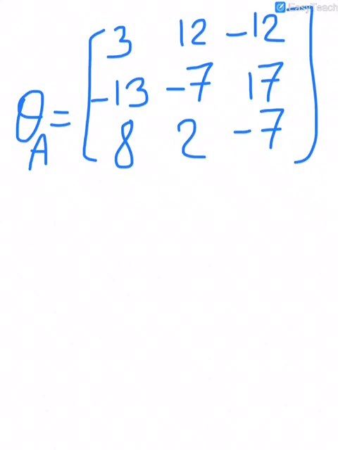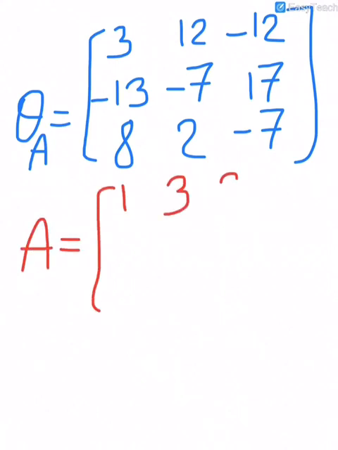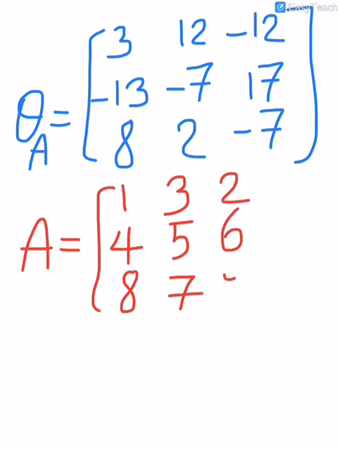Now, how can we calculate the determinant? For this one, it's very easy when you find the cofactor matrix. Write the cofactor matrix. On the bottom of that, write the original matrix, the A. It was 1, 3, 2, 4, 5, 6, 8, 7, and 9.